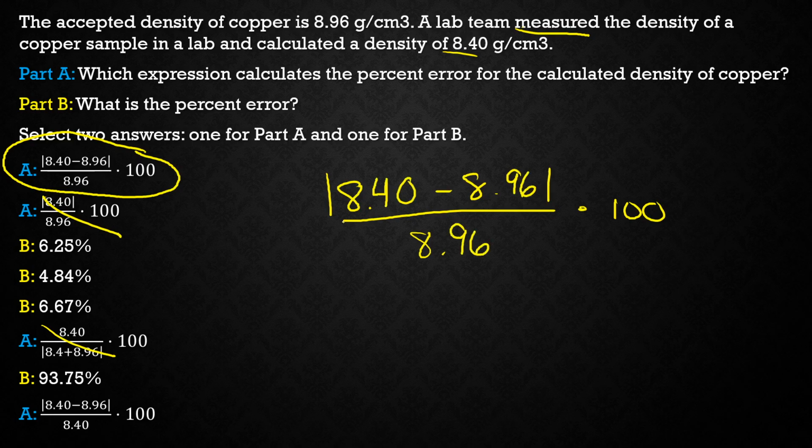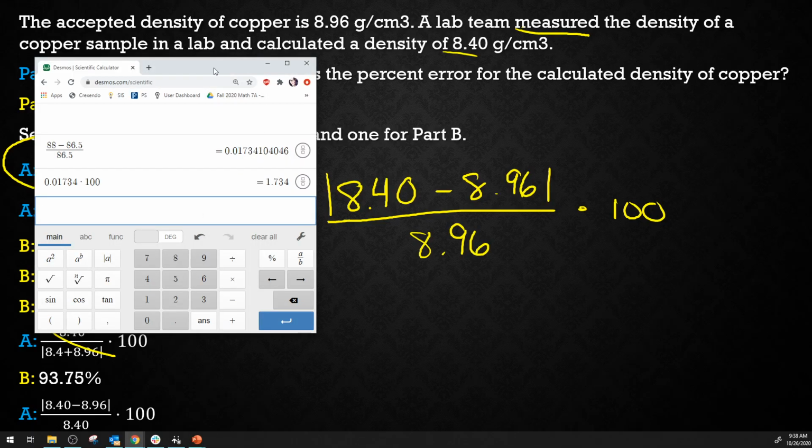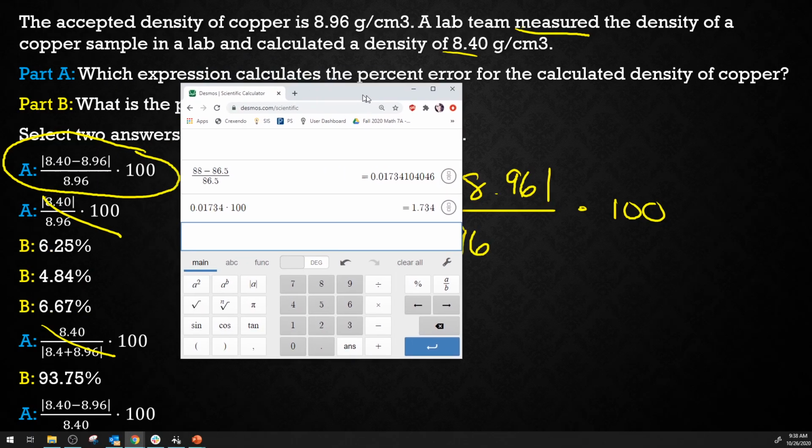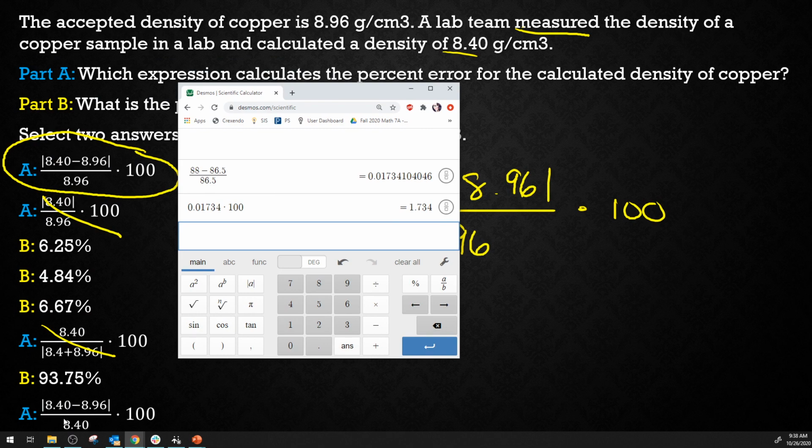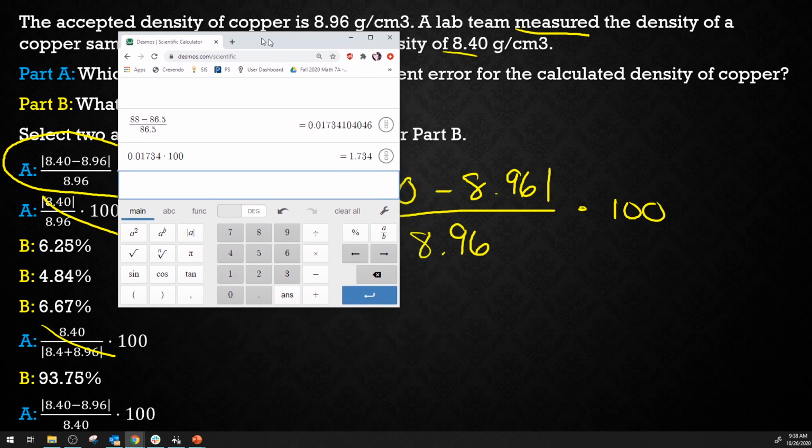That makes more sense. So I read that too quickly and I missed that key detail to tell me that the measured value was 8.4 and the actual value of copper should be 8.96. So that was where I made my mistake, and that's okay because I was able to find my mistake using the different answers because I knew this one did not make sense.